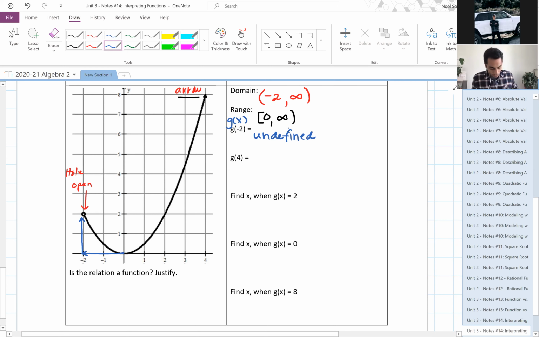Okay, good. What about g of 4? G of 4. What does that mean? That means that x is 4. So we go over to x being 4, and then I have to track upwards to meet the graph. What is that output going to be? No, this one's not infinity. What is the actual point when x is 4? There is a point there. This one is 8.